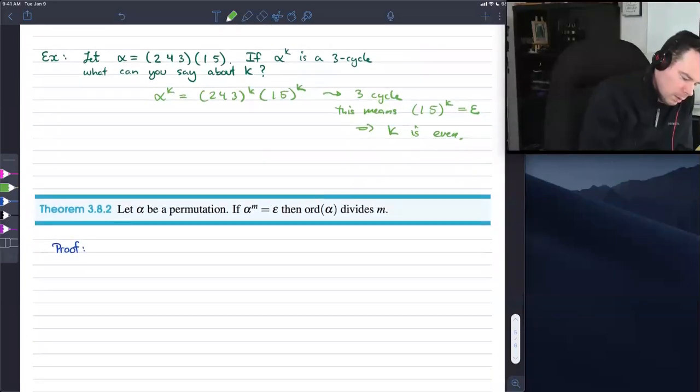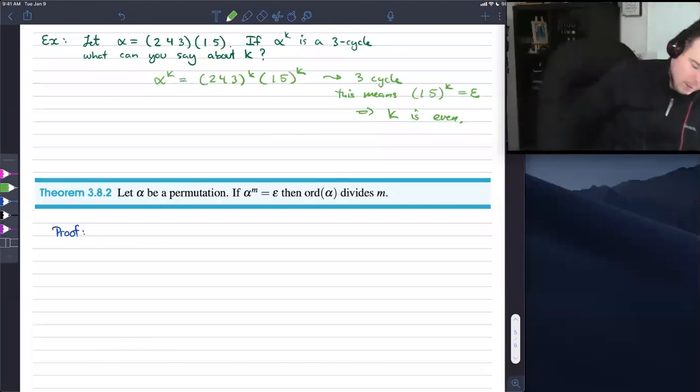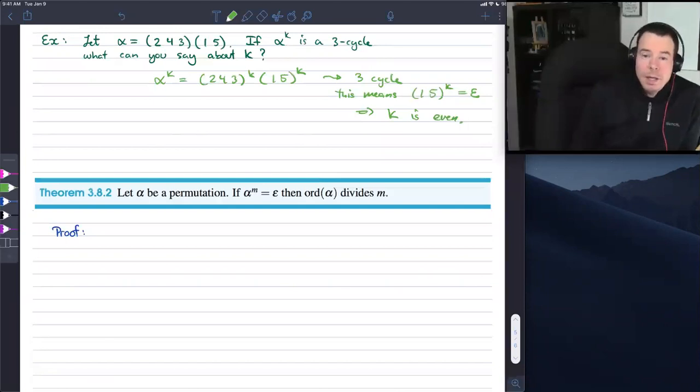Okay. And so the last result was the theorem that we had last day that said, if alpha is a permutation and we raise it to a power of m, and m actually kills it, then what can we say about m? M had to have been a multiple of the order. We can't kill a permutation with anything other than the order or a multiple of the order.